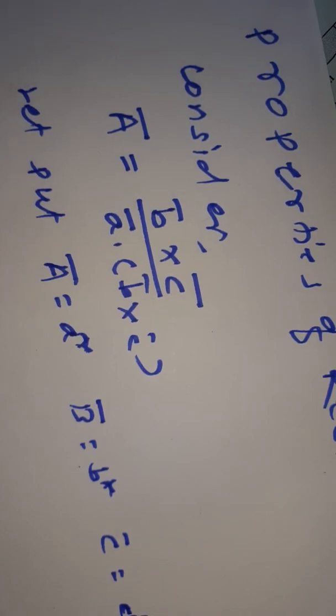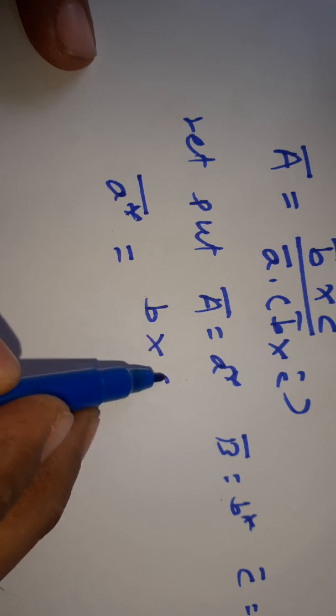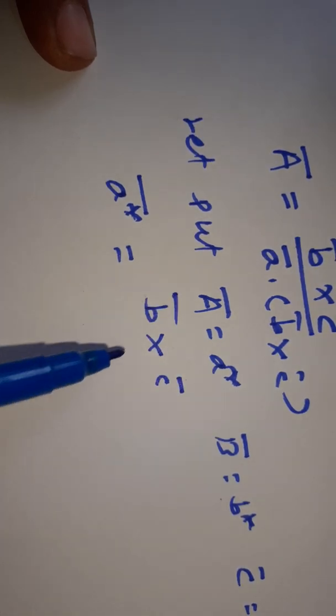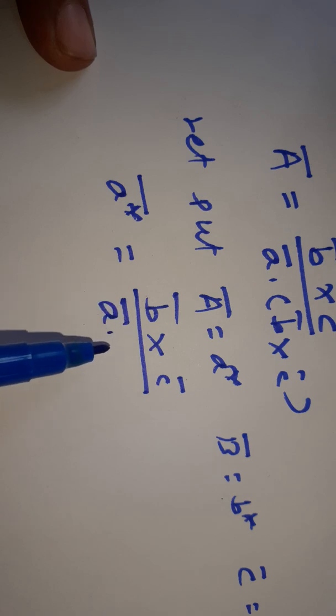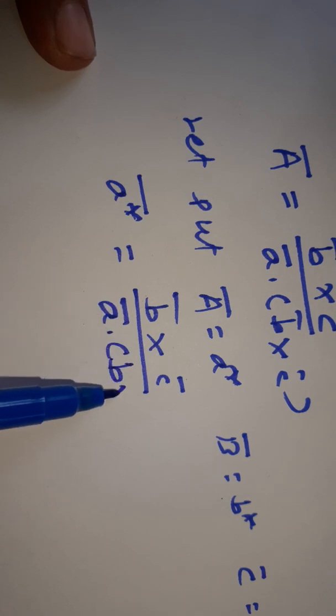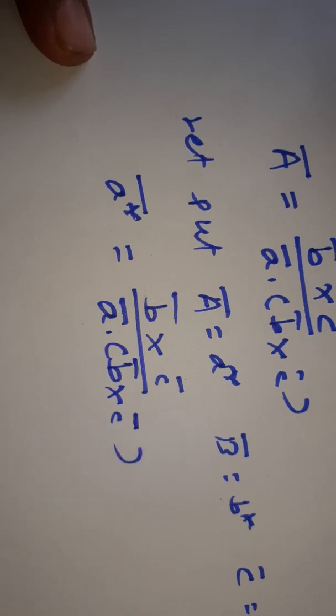So considering the above equation, it now becomes A complex is equal to B bar cross C bar divided by A bar dot B bar cross C bar.